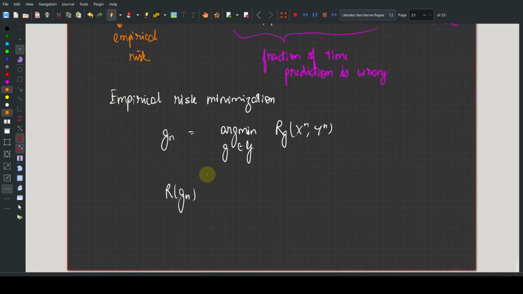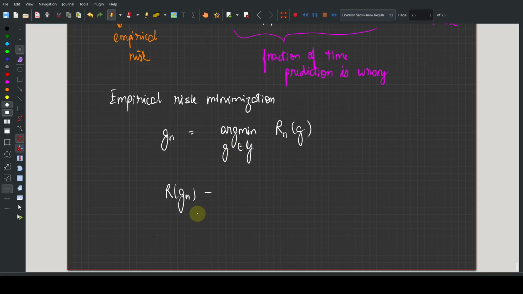Okay, and I want to find R of Gn. Remember that Gn is obtained by minimizing the empirical risk, R subscript n of G.